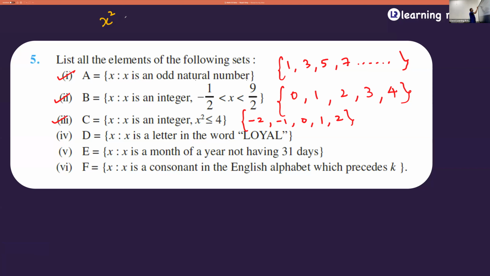When you have x square minus 4 less than or equal to 0, so it is like this: x minus 2 into x plus 2 is less than or equal to 0. So the least value will be minus 2 and the greatest value will be plus 2. So you will have x belongs to minus 2 to 2. This is the meaning. Okay, from minus 2 to 2, you need to pick only those integers. So minus 2, minus 1, 0, 1, and 2.